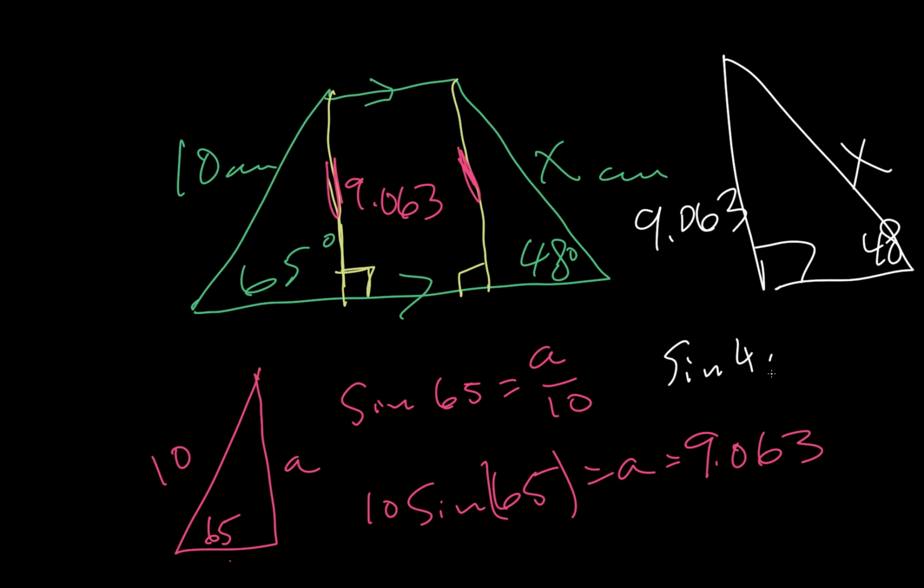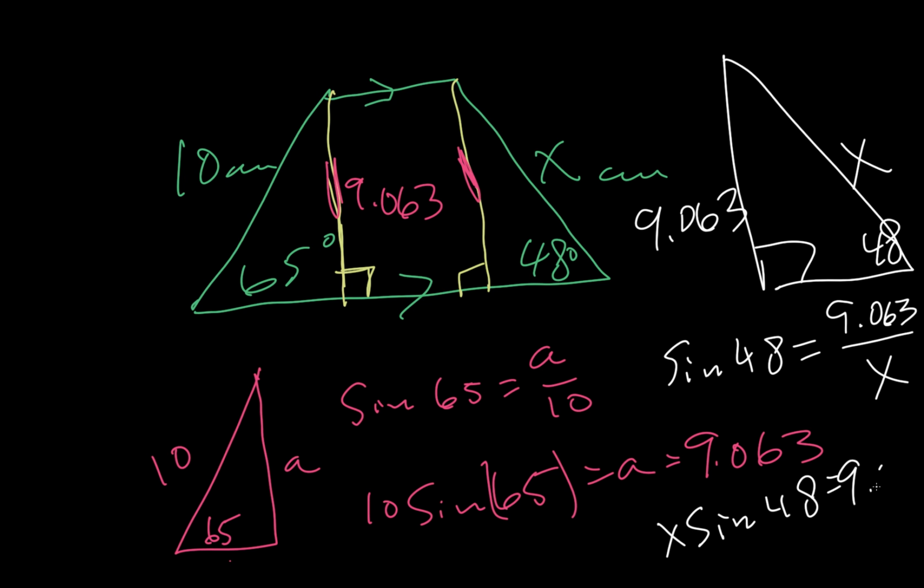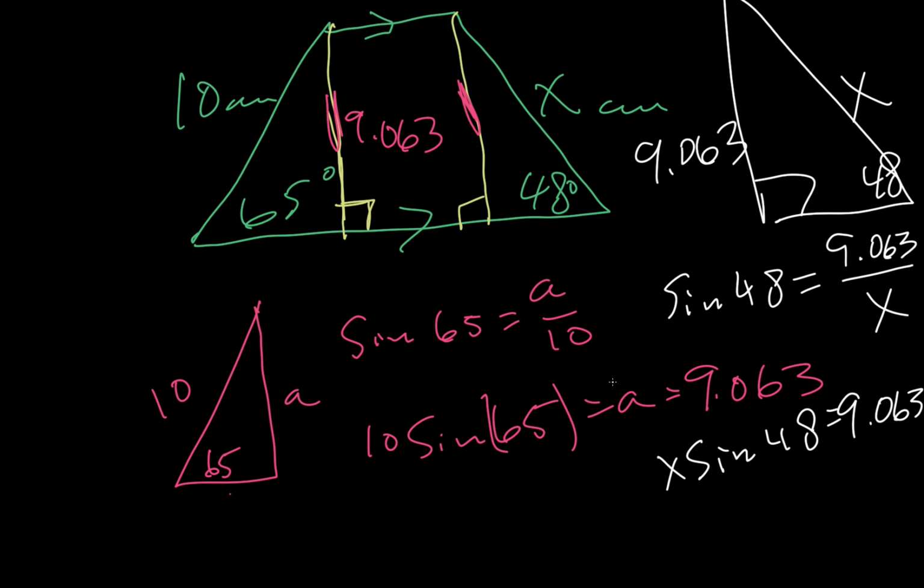So sine 48 equals opposite over hypotenuse. And then we just have to solve that. So we multiply both sides by x. We get x sine 48 equals 9.063. Divide by sine 48. We're left with x equals 9.063 over sine 48.